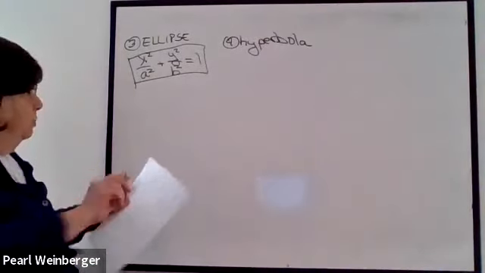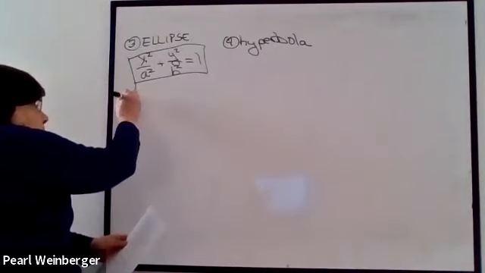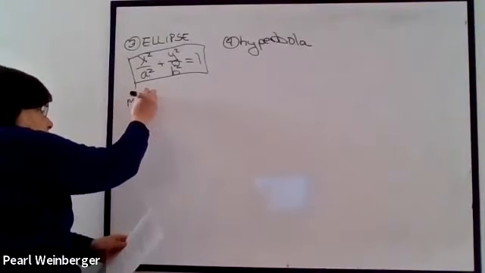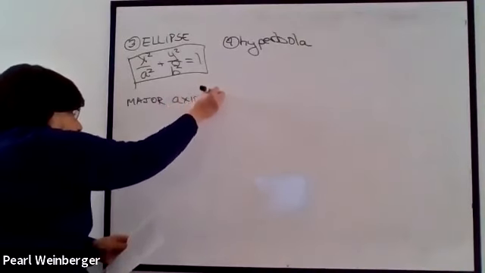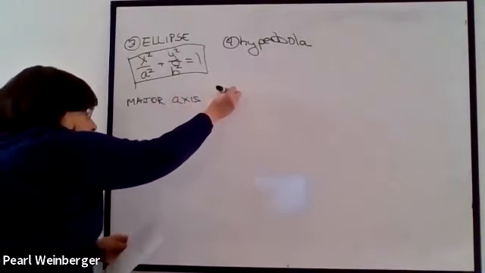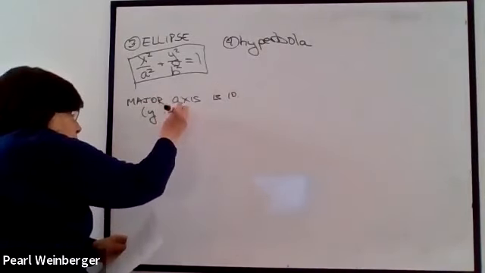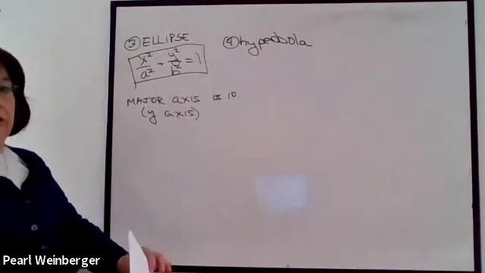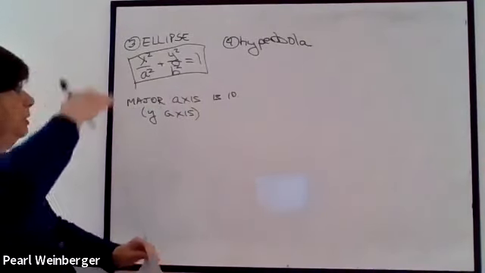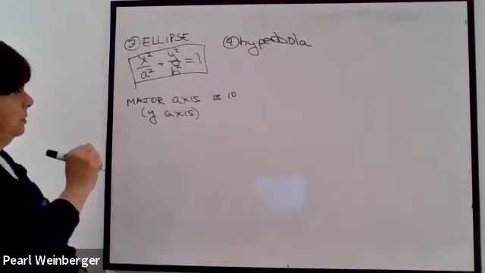Okay, here's what we're told. We have an ellipse, and the major axis of the ellipse is 10, and it's along the y-axis. You have to know which way the major axis goes. Is it horizontal or vertical? This is telling us the major axis is vertical because it's along the y-axis.